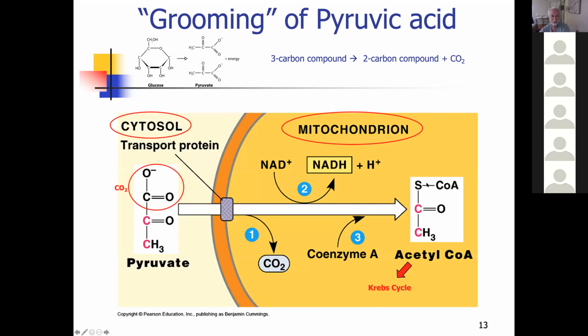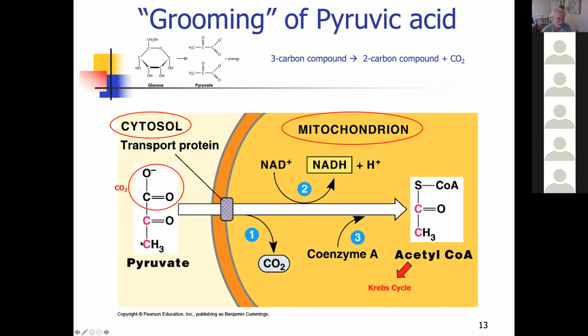Well, this is called the grooming of pyruvic acid. And what this means is that you go from a 3-carbon compound to a 2-carbon compound plus carbon dioxide. So glycolysis occurs in the cytoplasm.